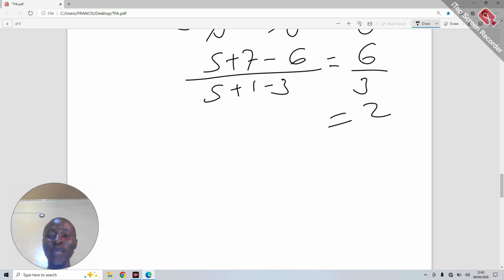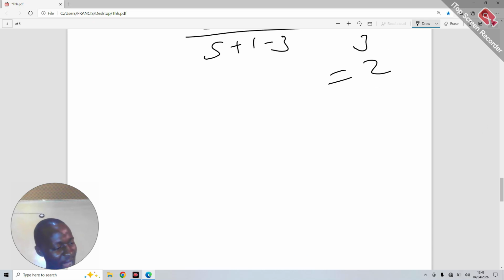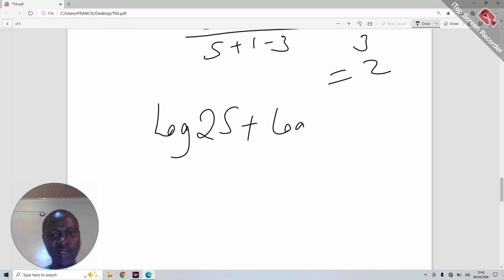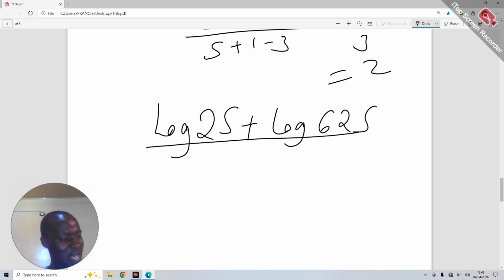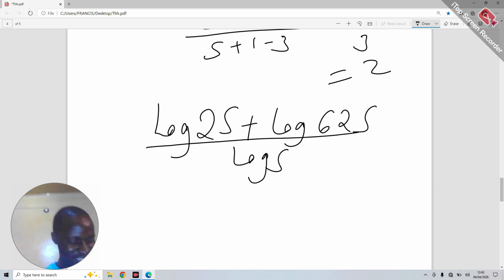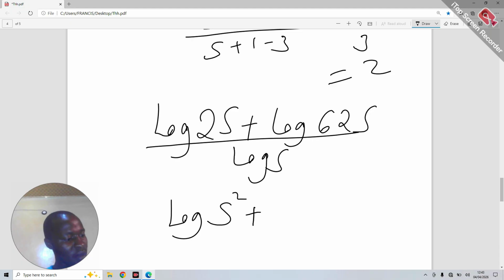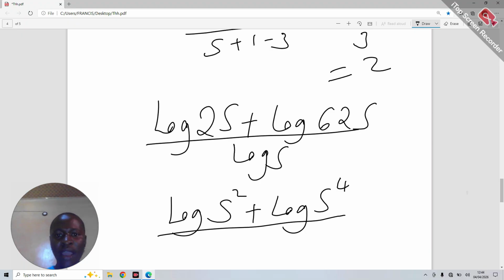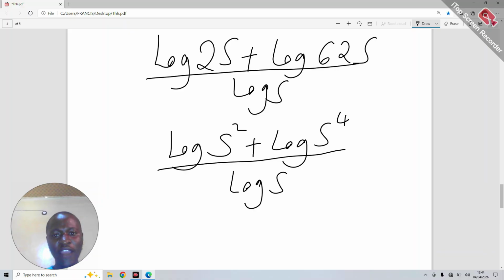That was not enough, so I went ahead and looked for another question and tried out their way. I came across this question: log 25 plus log 625 minus log 5. They simplify it as log 5 power 2 plus log 5 power 4, all over log 5 power 1.